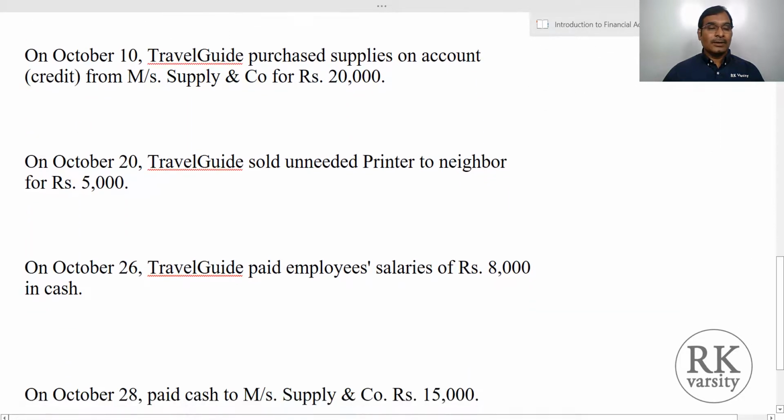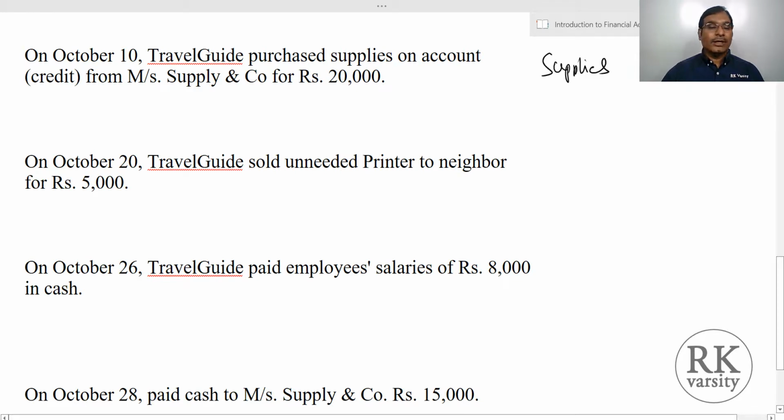Next, coming to another transaction. On October 10th, Travel Guide purchased supplies on credit from Messrs. Supply and Co. So here two things. One is your office supplies, that is your inventory. You can say your office supplies like your office stationery, or you can consider this an expenditure, let us say supplies is one.